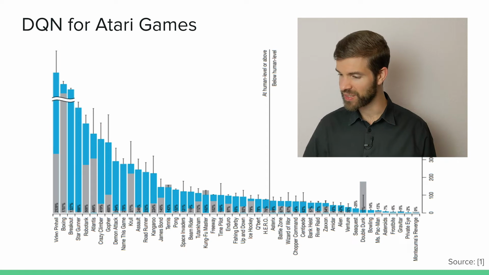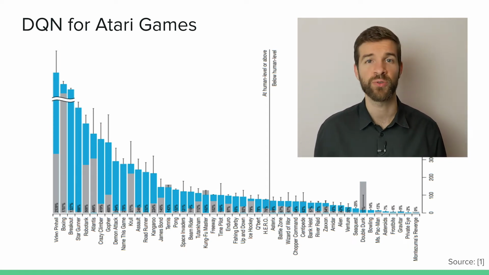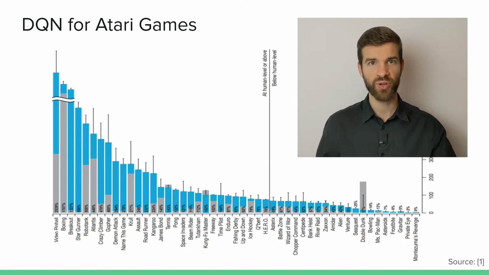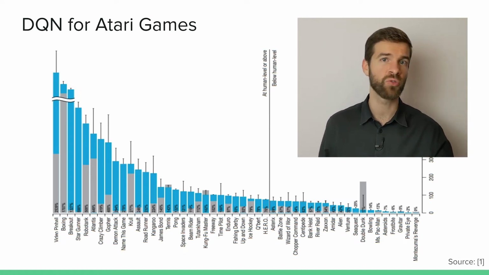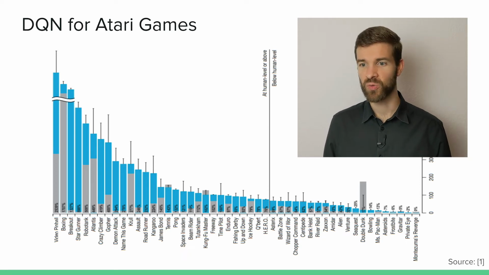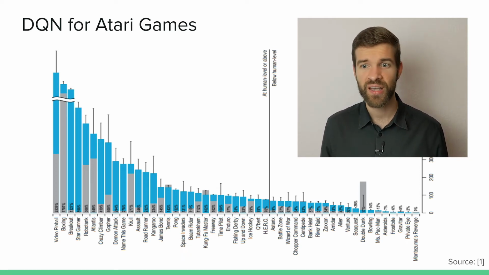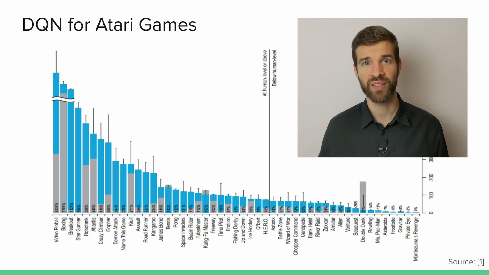One example here would be at the end of this chart: you can see Montezuma's Revenge, which is a jump and run game where you have to jump around and find a key, and then with that key you can, I think, open a chest or something, and that wins the game. So most of the actions that the computer takes will not see any rewards up until the point where it actually wins the game.